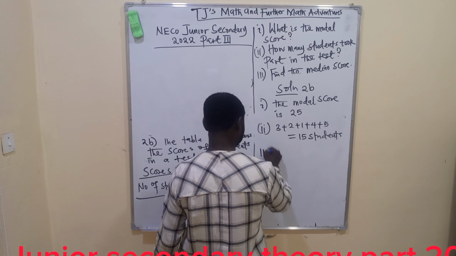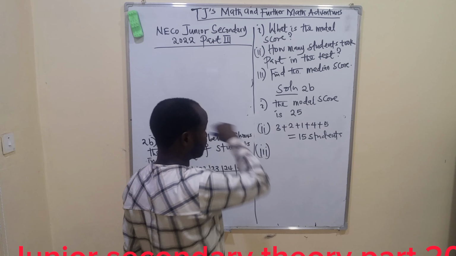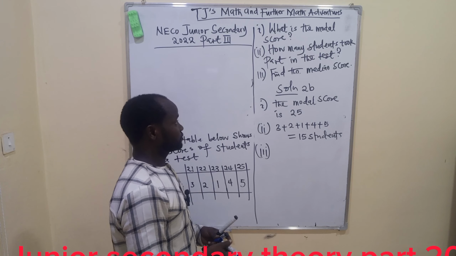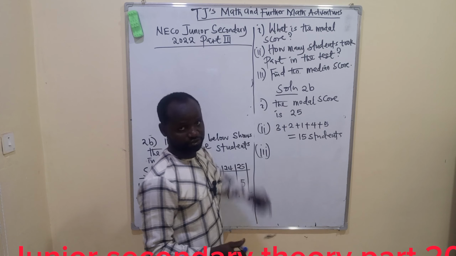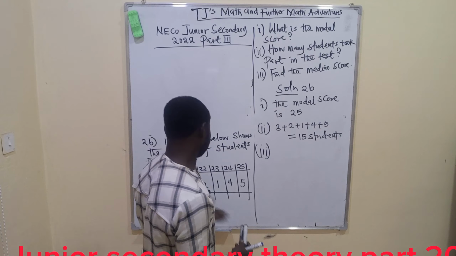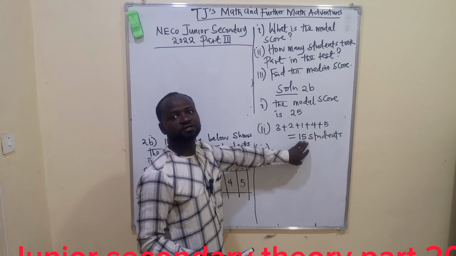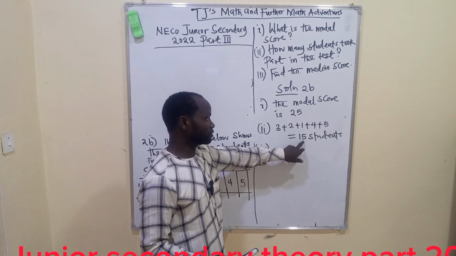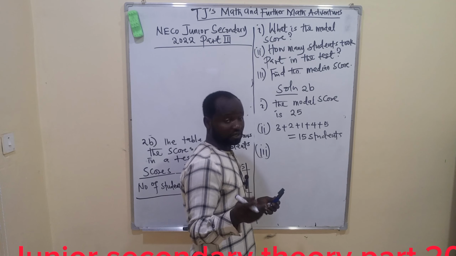The last question now, we are asked to find the median score. There are two ways we can find the median score. The fastest way: first of all, we check that the summation of our students is 15, and 15 is an odd number. So there's a formula we can use.